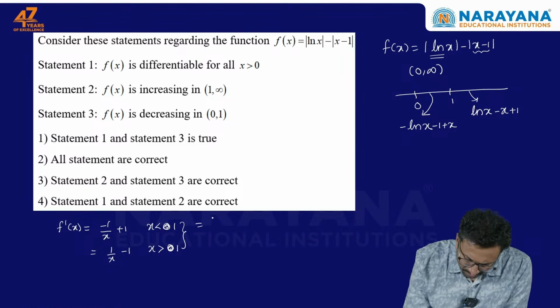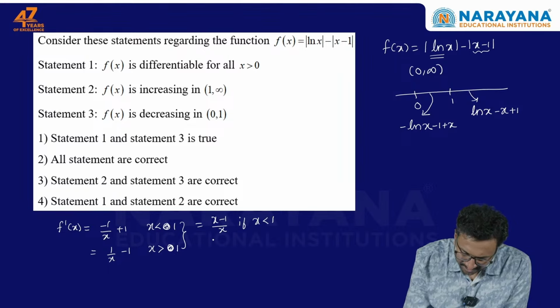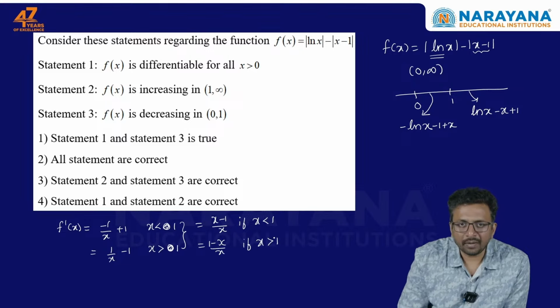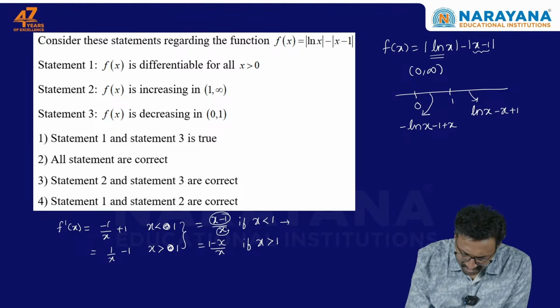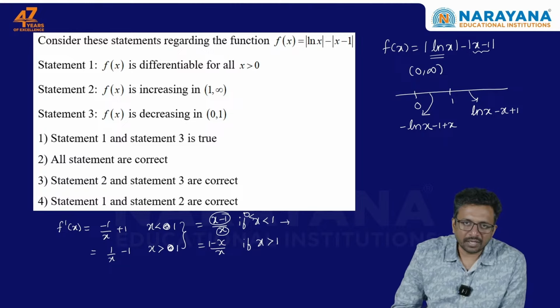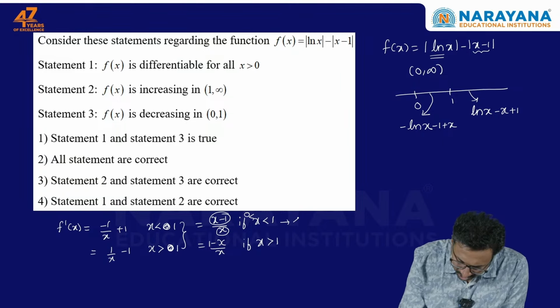So this is equal to x minus 1 by x if x is less than 1, and equal to 1 minus x by x if x is greater than 1. Clearly, if x is less than 1, x minus 1 is negative and x is positive. So x less than 1, in the sense x is between 0 to 1, this is always negative.